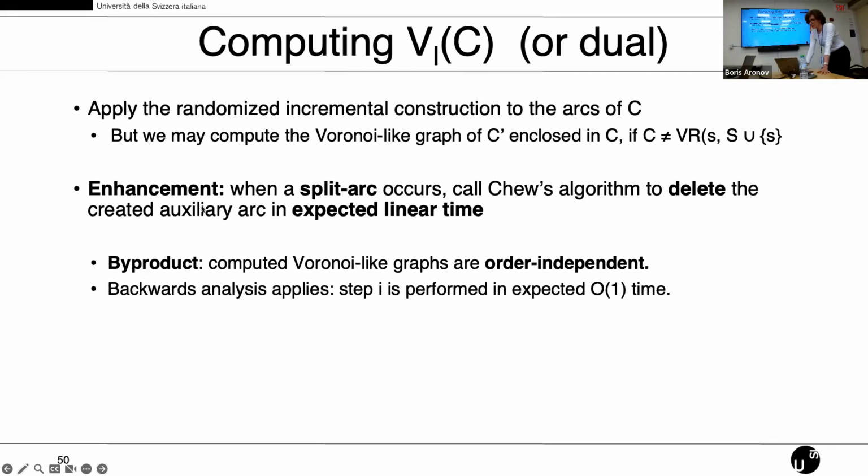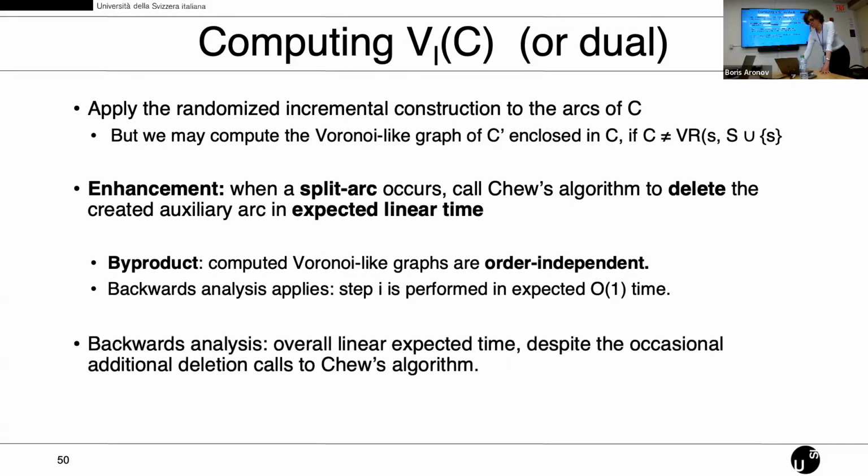So the byproduct of this enhancement is that the Voronoi-like graphs that we compute are order independent. So we can use backwards analysis to establish the time. And from backwards analysis, we can show that it's linear expected time despite these occasional deletion calls to Chew.